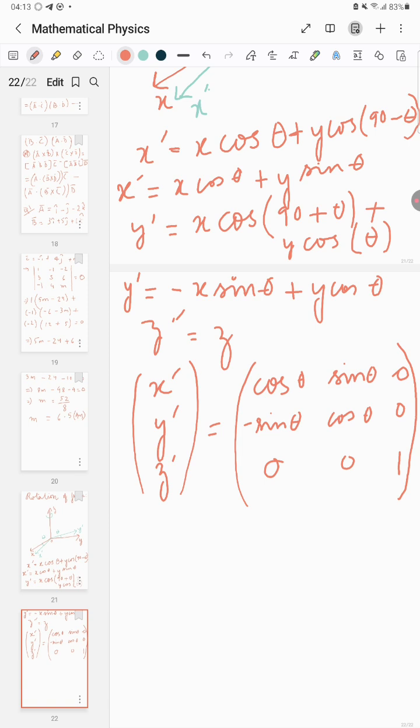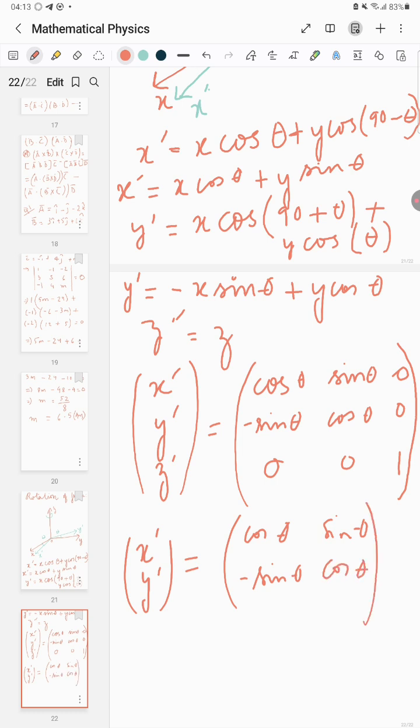So in short, we can write that x prime and y prime is equal to cos theta, sin theta, minus sin theta and cos theta. Okay, there's one more matrix here because we need to multiply this matrix with another matrix which is nothing but x, y, z.